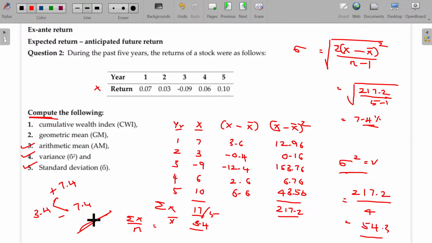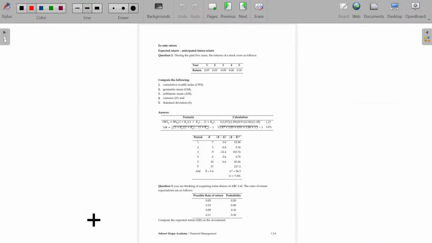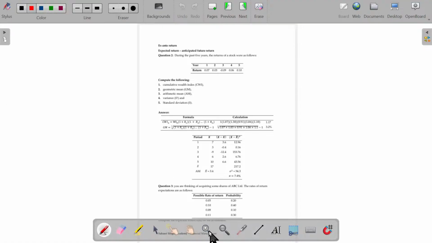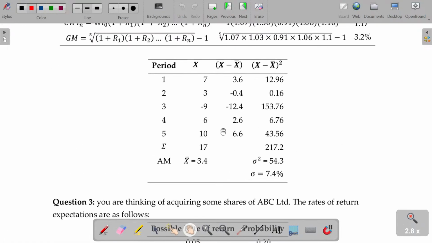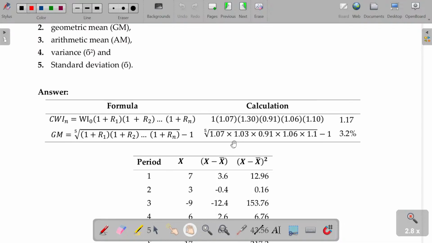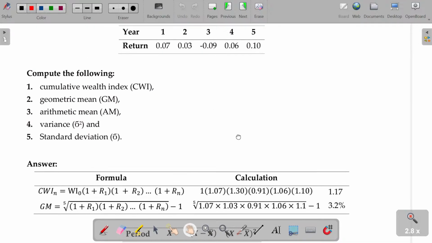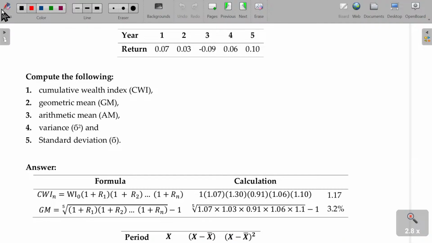Cumulative wealth index and geometric mean, these two are pretty rare, and you just try to understand that. Okay, here I have given the formula. Under cumulative wealth index, now you have to multiply all these things, the relative returns. What is the relative return for the first year return?